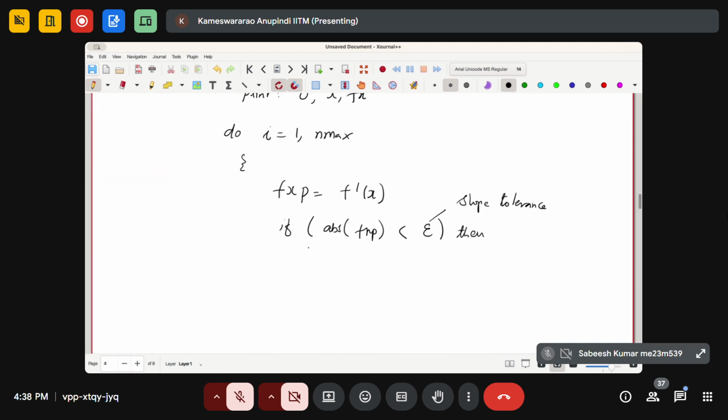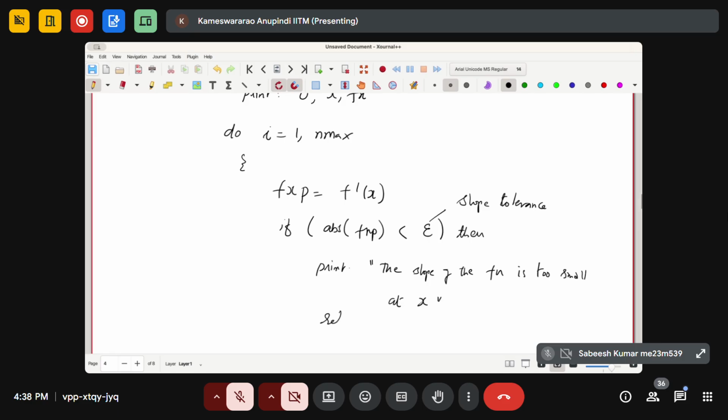So if this is the case, we print that the slope of the function is too small at x.